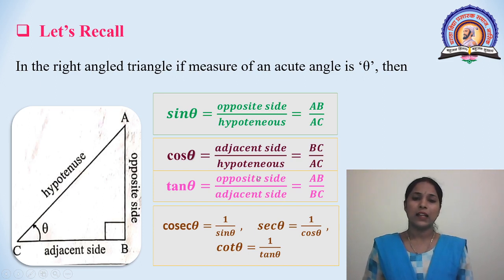Here sec theta is equal to hypotenuse divided by adjacent side, that is AC divided by BC. Now cot theta is equal to 1 upon tan theta, that is the reciprocal of tan theta, adjacent side divided by opposite side, means cot theta is equal to BC divided by AB. It is the reciprocal of tan theta.